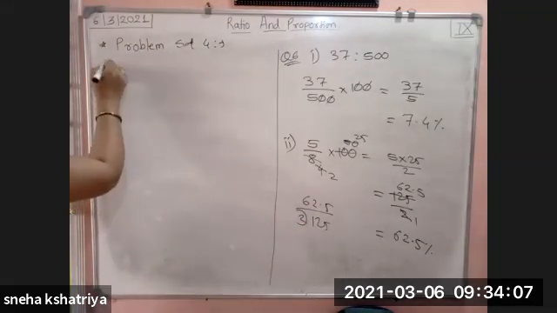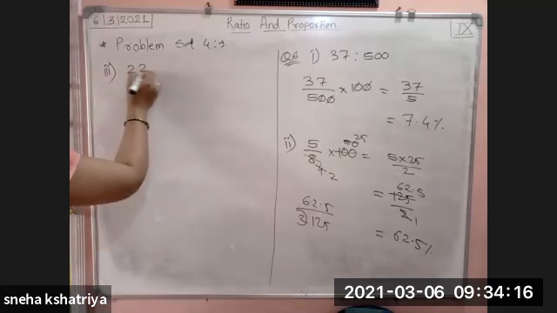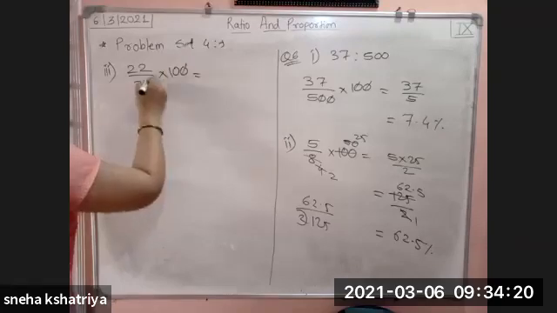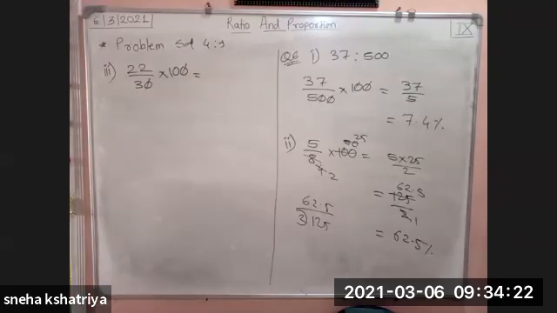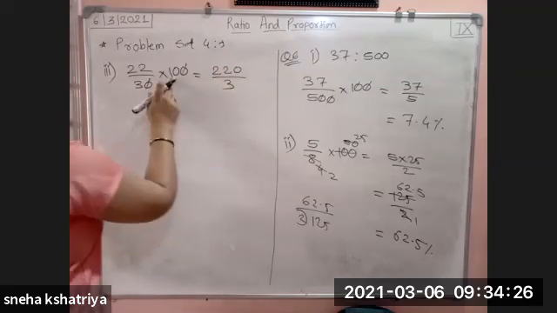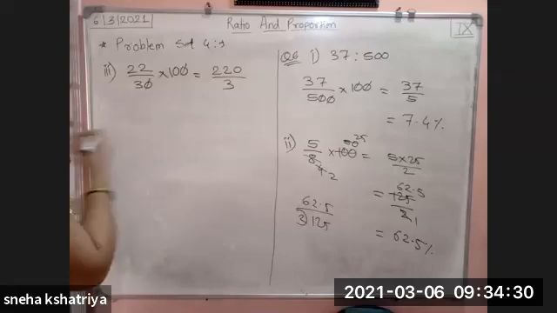Okay. Third one, 22 upon 30. 22 upon 30 multiplied by 100. One 0 gets cancelled. We get 220 divided by 3. This 10 is multiplied to 22. So this is 220 divided by 3.